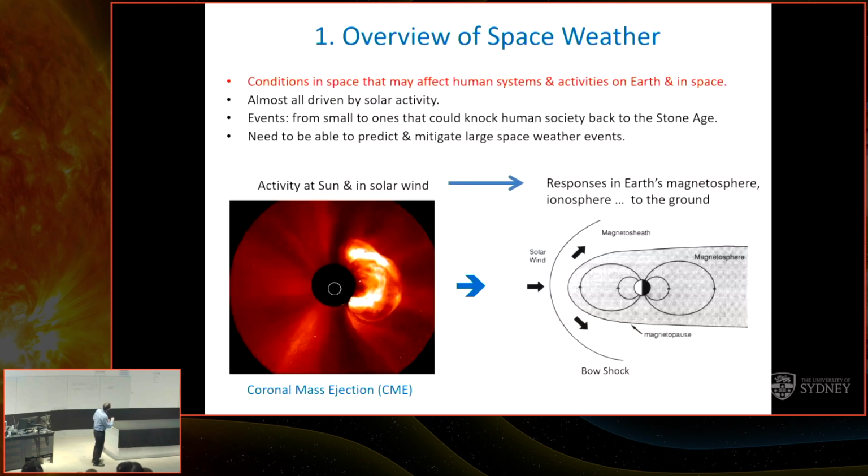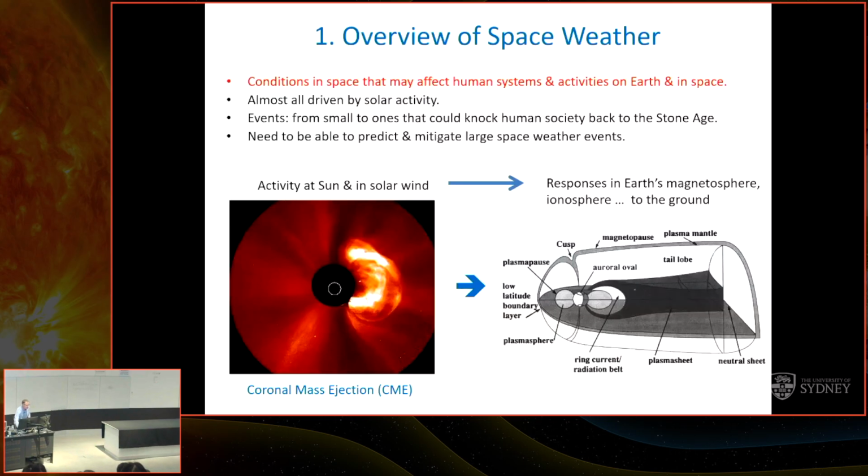But we get changes here, movement of that shock wave, movement of this plasma boundary here, the so-called magnetopause. We get plasma moving in down towards the poles, which we'll talk about a little bit more in a moment. And we see all sorts of other exciting effects. Now, too much detail here. I just want to show you that there's all sorts of different regions around the Earth.